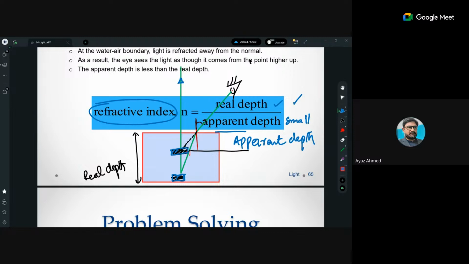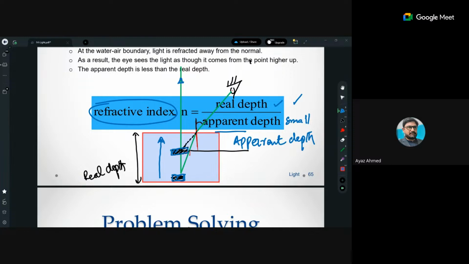In mediums in which refractive index is more, the objects would appear more shallow. Simple. Is it clear to all? So the more the refractive index, the shallower the object will be seen.